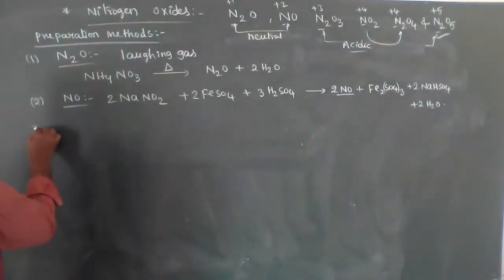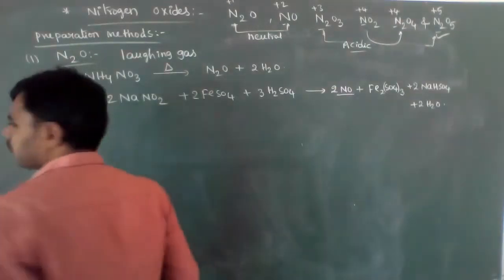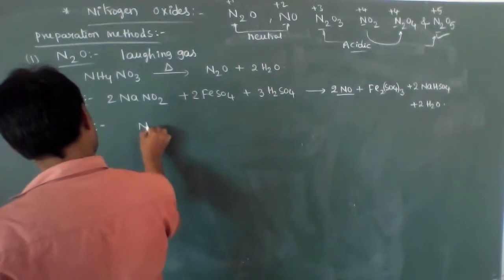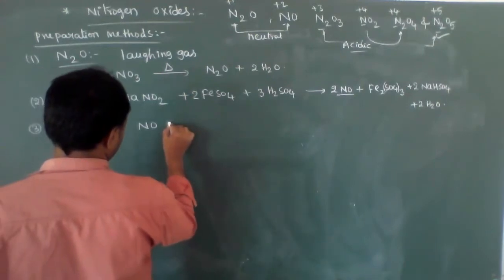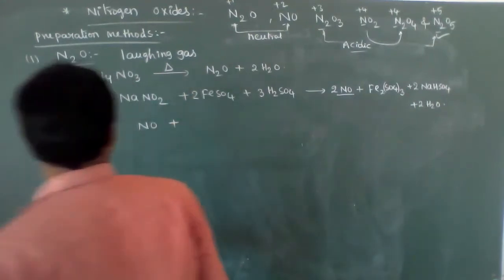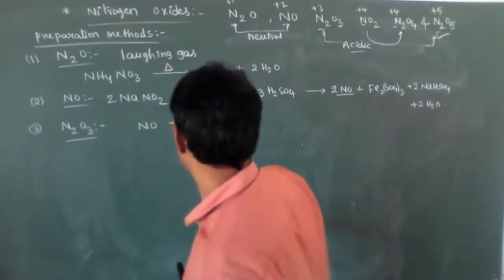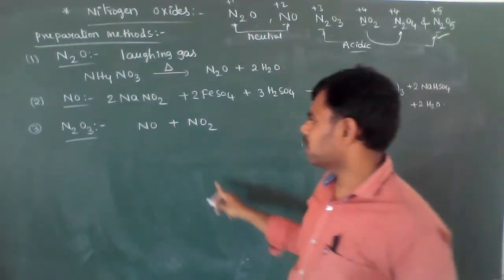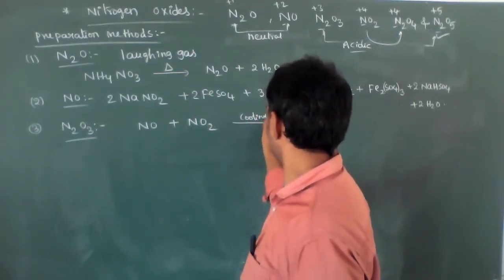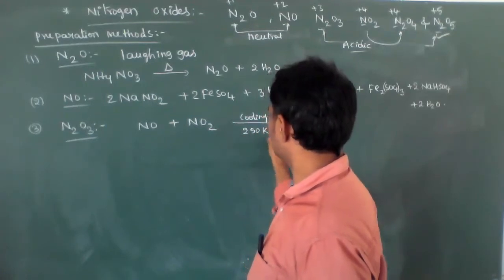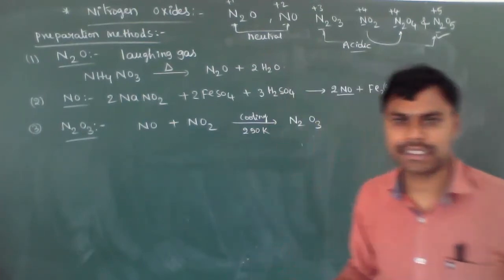Nitric oxide is formed. The next one is dinitrogen trioxide. We can prepare dinitrogen trioxide from NO and NO2. Nitrogen dioxide and nitric oxide upon cooling at 250 kelvins, a very low temperature, give N2O3, dinitrogen trioxide.